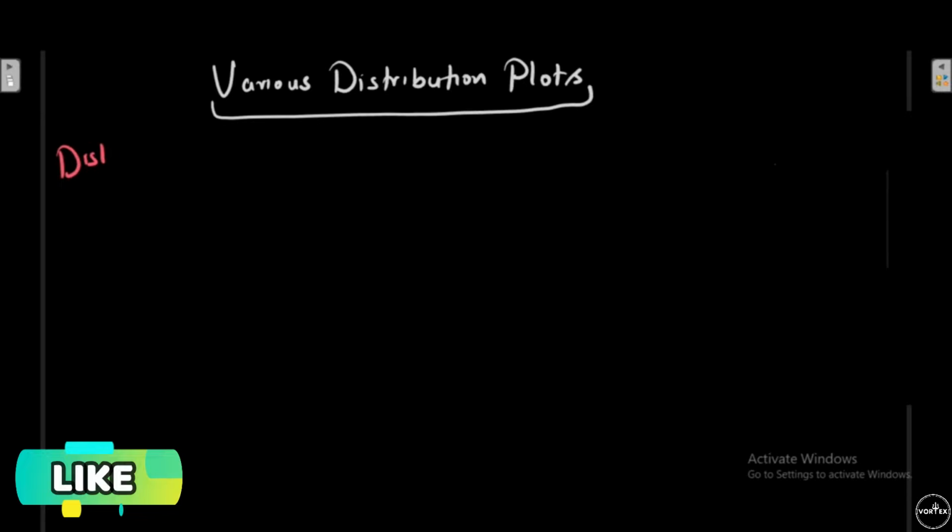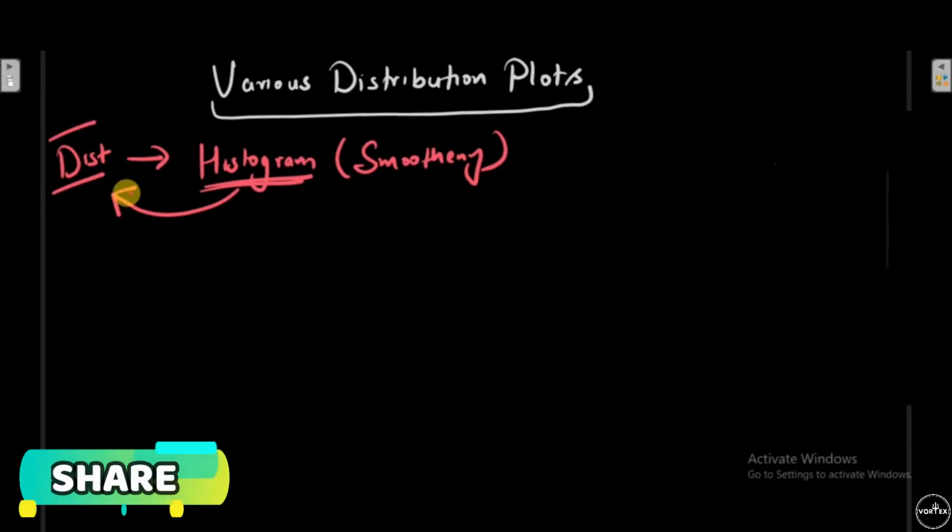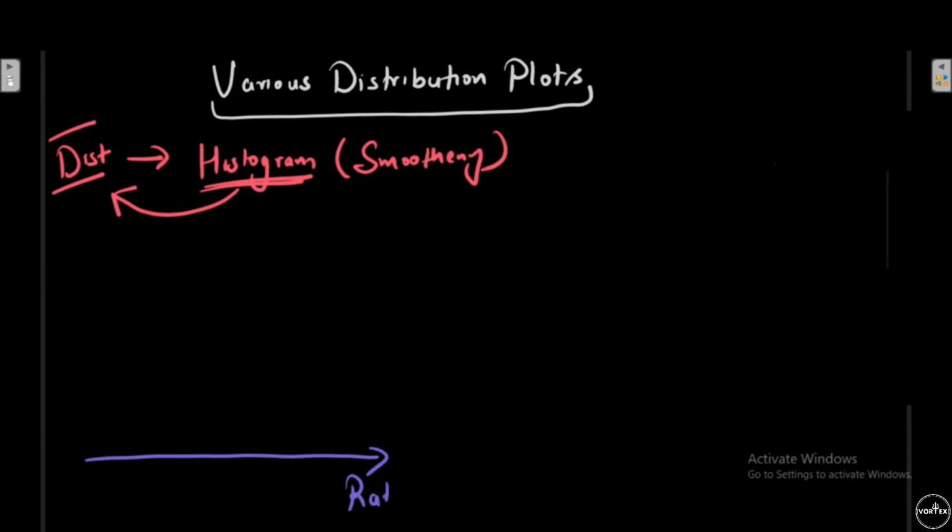Again, the distribution plot is approximately similar to the histogram, approximately similar. The only difference is that the moment we perform smoothing on top of the histogram, we will end up getting the distribution plot. So if I have a histogram like this, let's say it is the histogram of rating. On the x-axis I have a feature, and on the y-axis in a histogram I have a count or frequency.